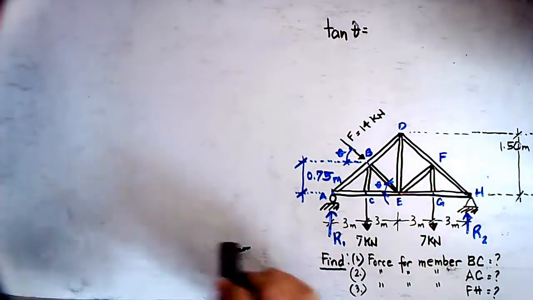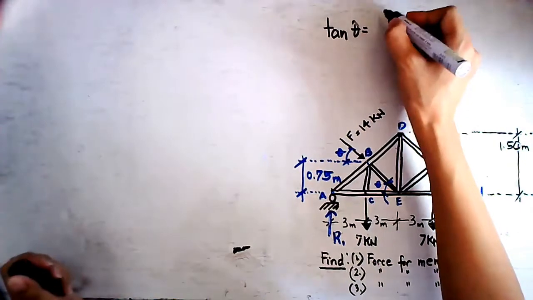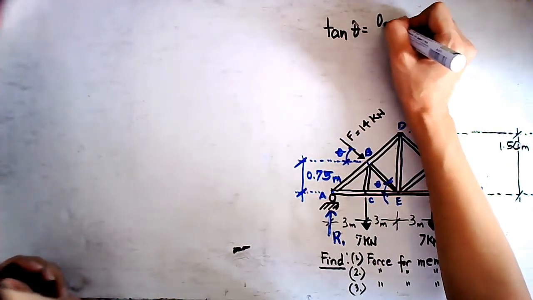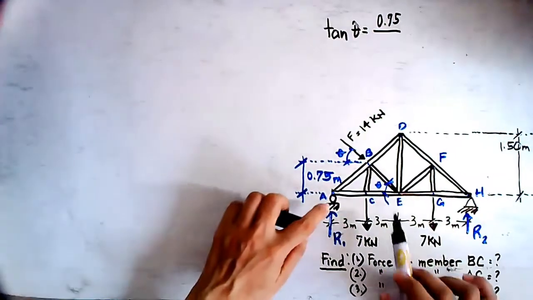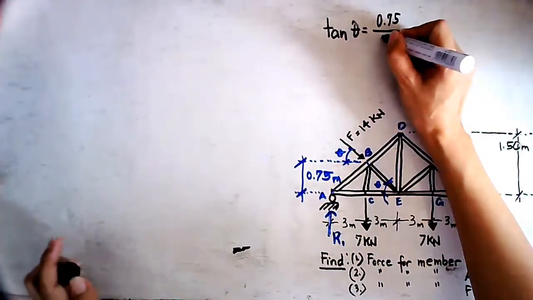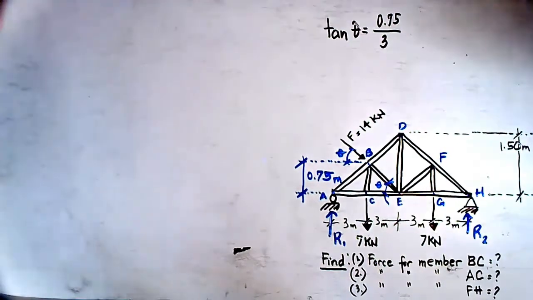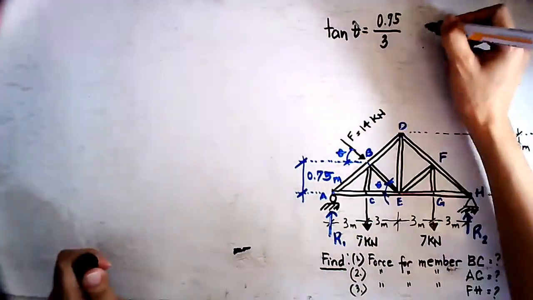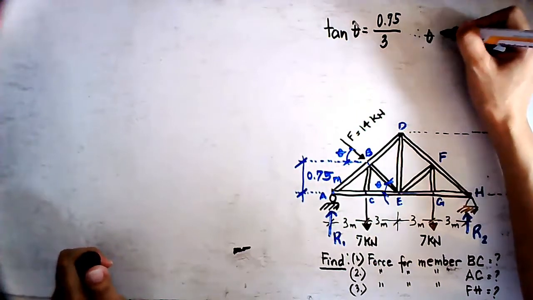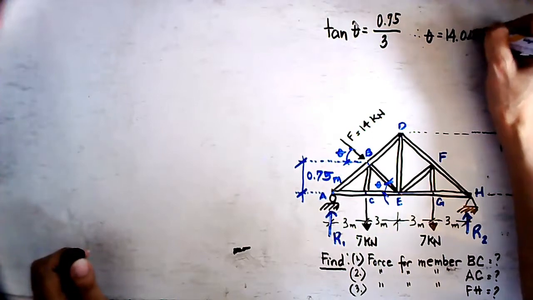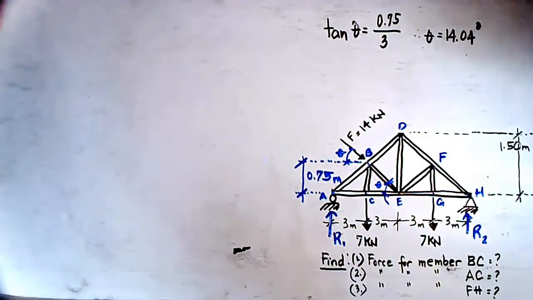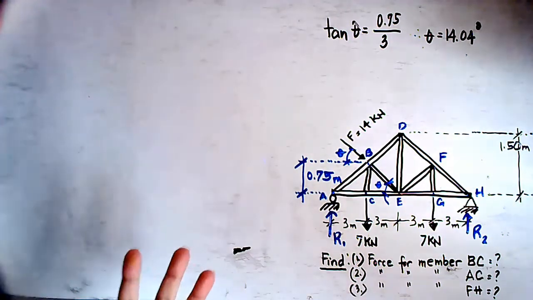So the tangent of the angle is equal to 0.75 meters over 3. Half, that is the value for the angle, will give us 14.04 degrees.